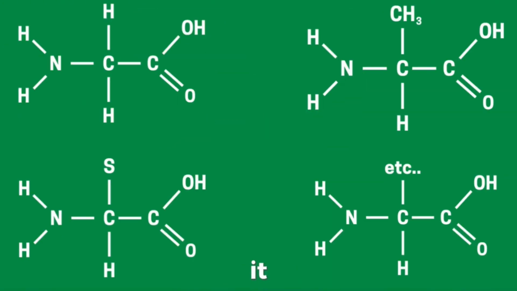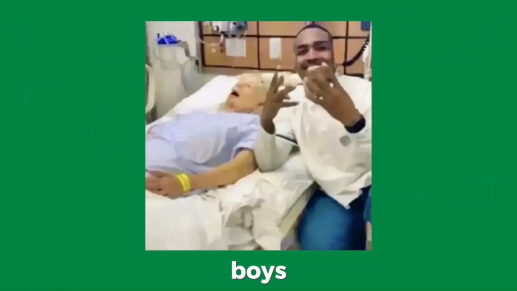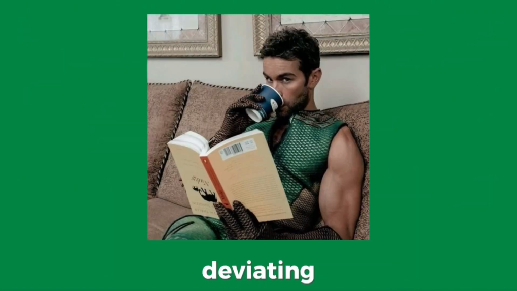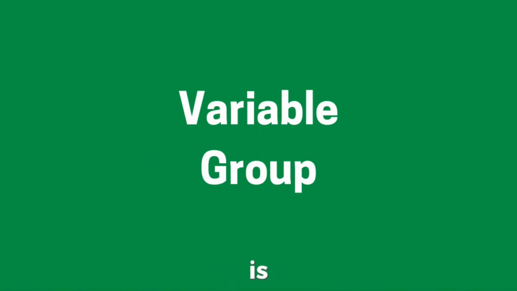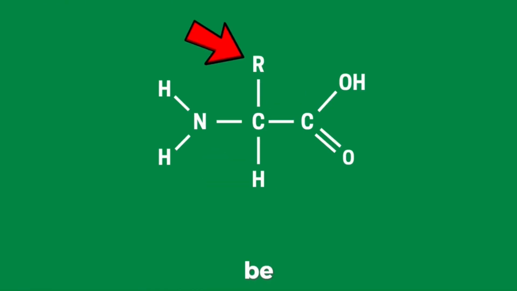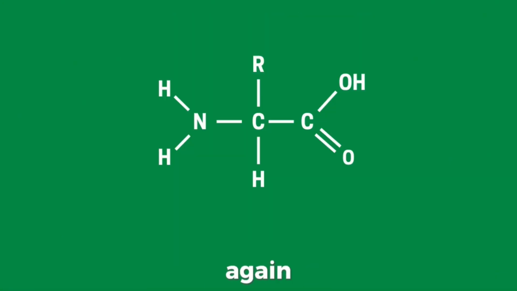However, the R group is what changes. It changes across all amino acids, and this is what makes it so special. Each amino acid is unique based on this R group, and there's 20 of them. There's 20 of these because of their deviating R groups, their variable groups. So a variable group is what makes them special.